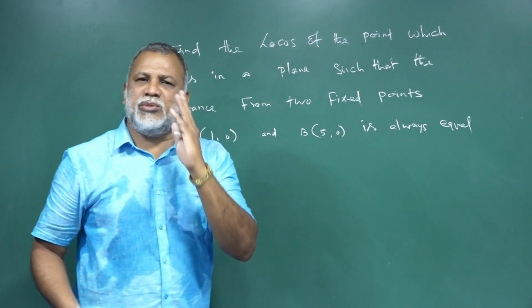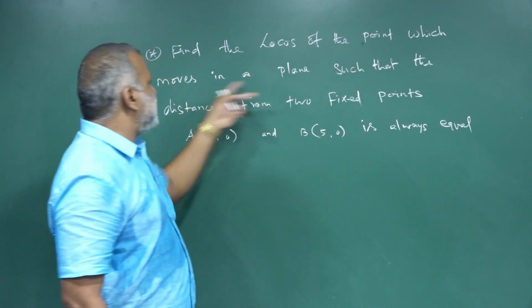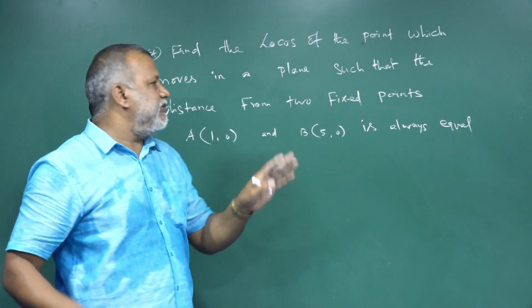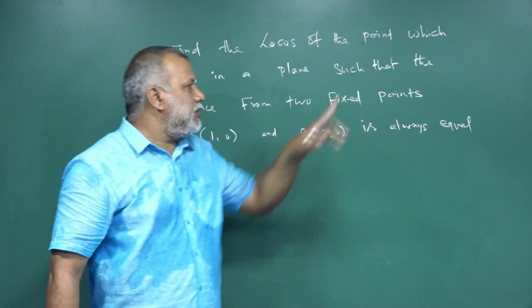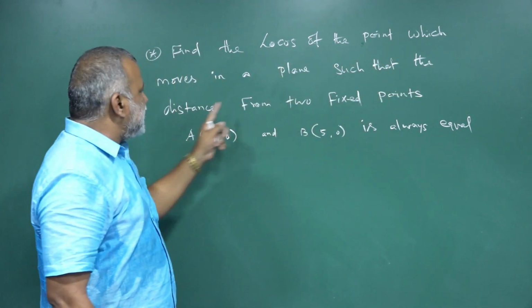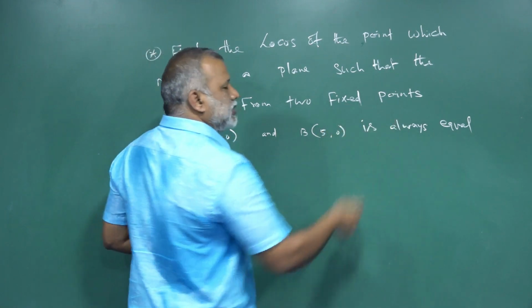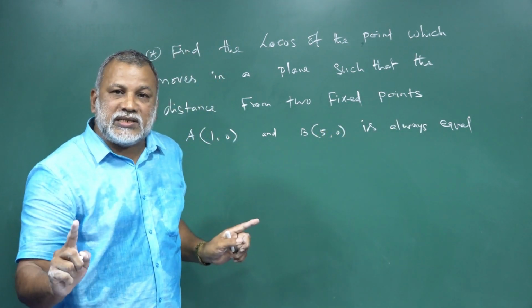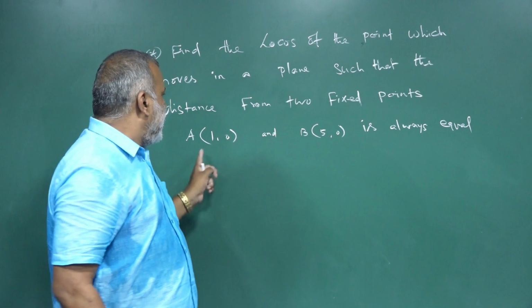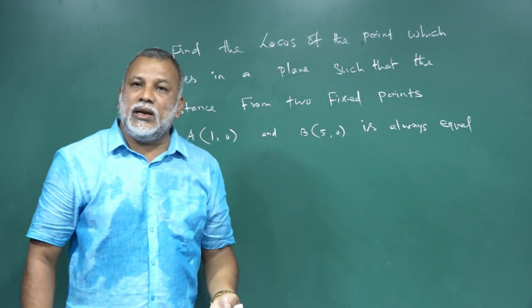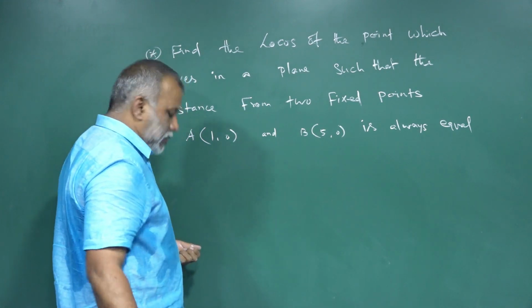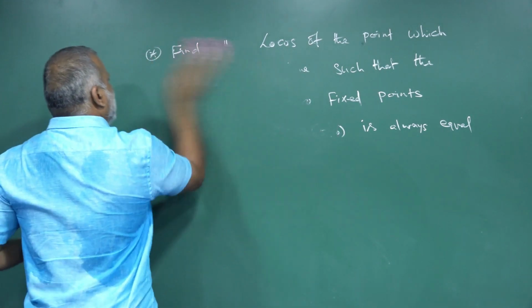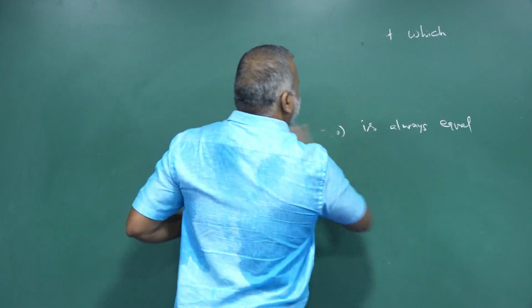Locus means the path traced by a moving point. So up to this, every question has the same words, same sentence. Such that, this is the required condition. Such that the distance from two fixed points, just as an example, is always equal. Just now we are explaining. So take the points (1, 0) and (5, 0).